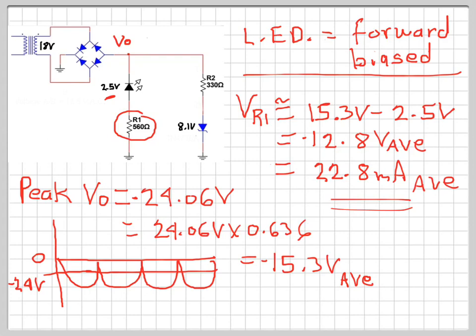So the only thing left to do is to look at the voltage across the Zener. Notice that if this output is minus, that means this point is positive with respect to the output, so the Zener is reverse biased, so it's acting like a Zener.